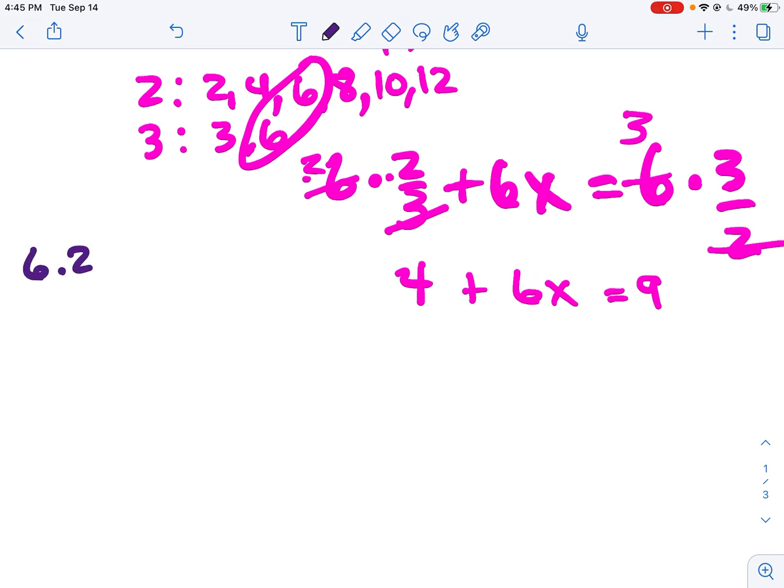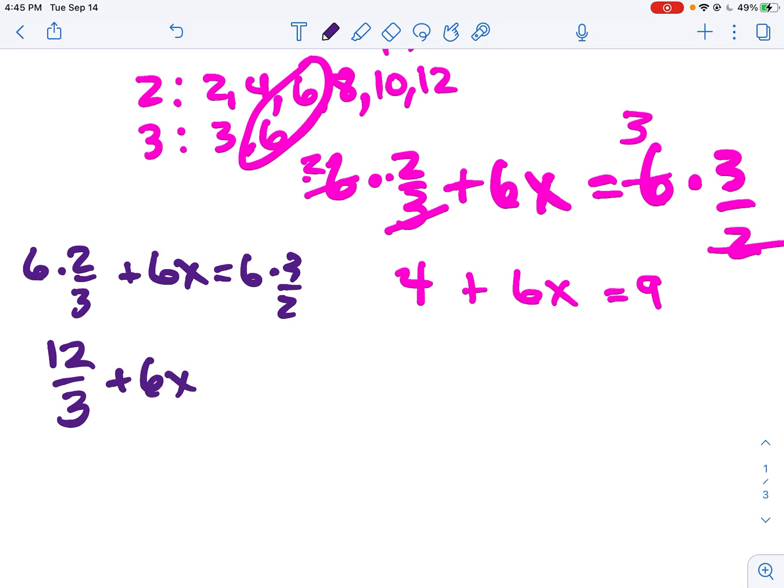So if I had 6 times 2/3 plus 6x equals 6 times 3/2, I would get 12 over 3 plus 6x equals 18 over 2. This turns to 4, this turns to 9.